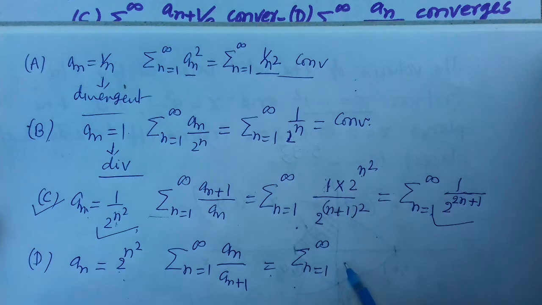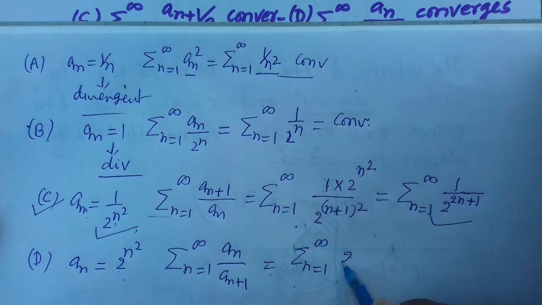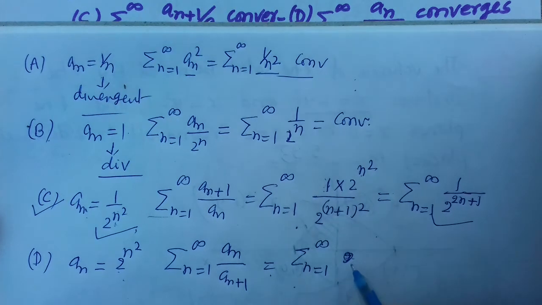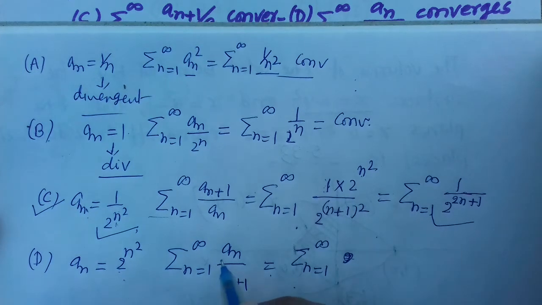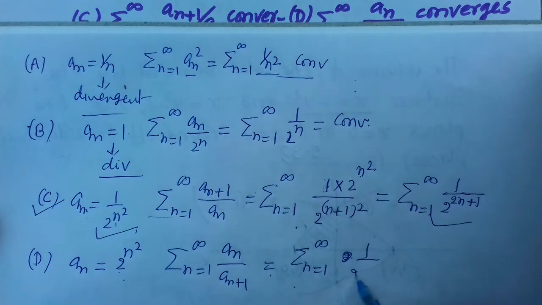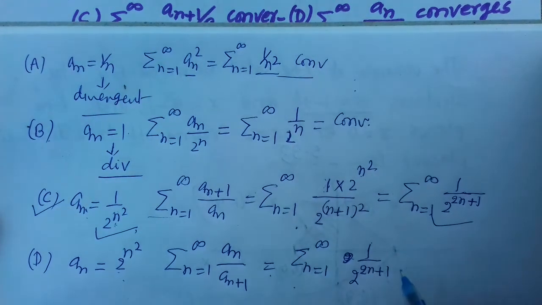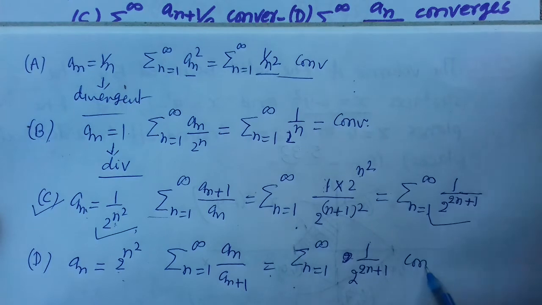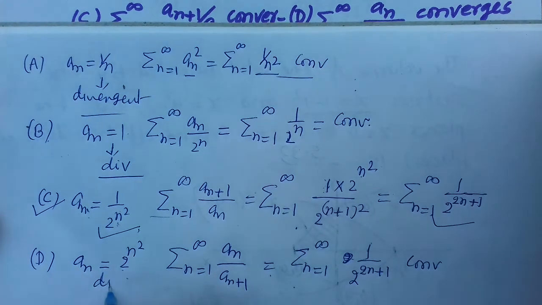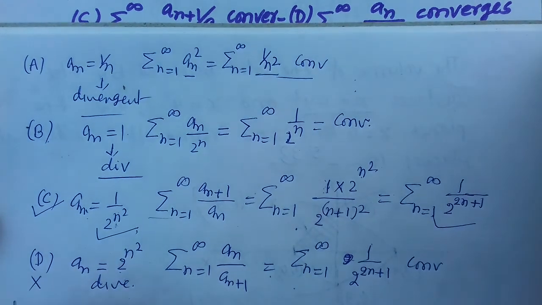So here will be 1 by 2 to the power 2n plus 1, and you see that this is convergent, but this is divergent. So D is also wrong.